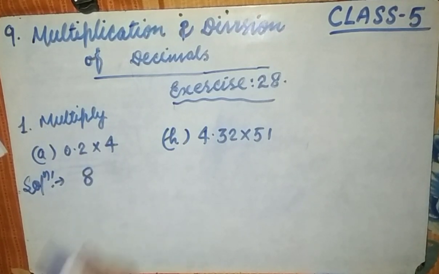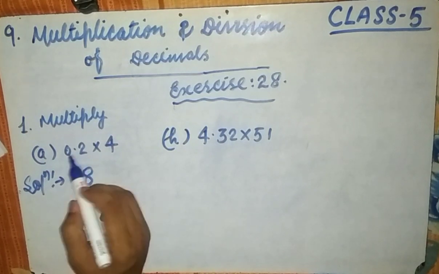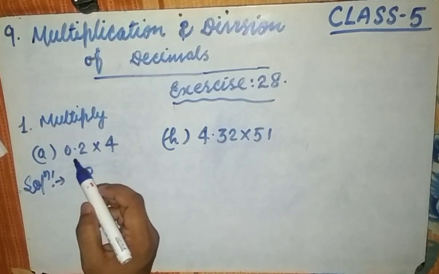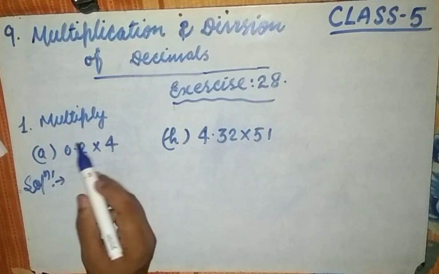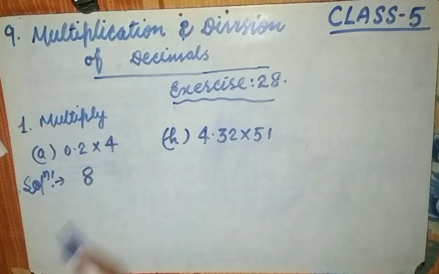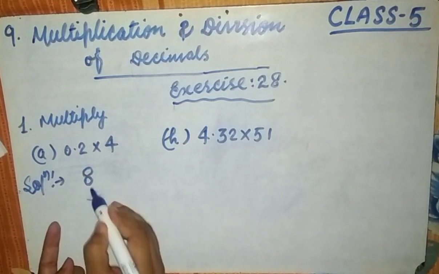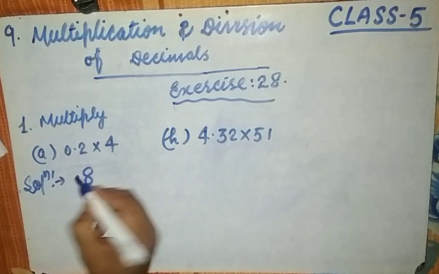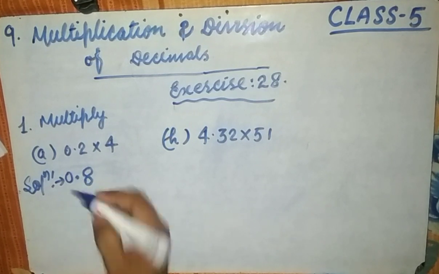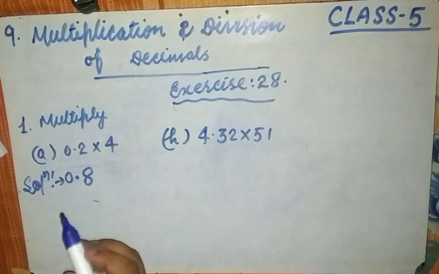Then see the number of digits after the decimal. So here the number of digits after the decimal is 1. Okay, now we have to place the decimal after counting from the right hand side one number. Here is the 1 from the right hand side, place the decimal here and write down this 0 for the standard form. So 0.8 is the answer to this question.